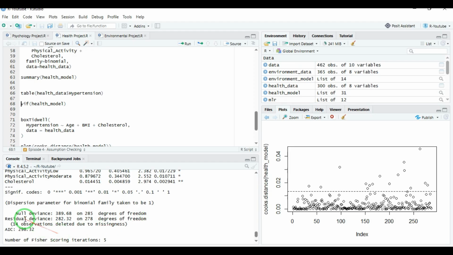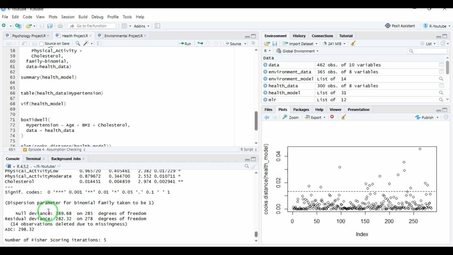The null deviance is for the null model, which is the model without our predictors. And after adding the predictors, we have the residual deviance, which in this case shows that the deviance decreases substantially. So we can safely say that our predictors provide a substantial improvement in model fit compared with the intercept-only model.